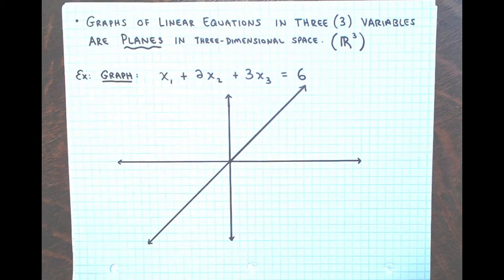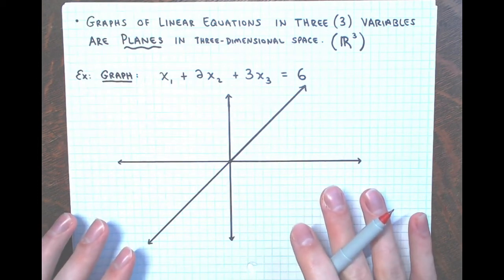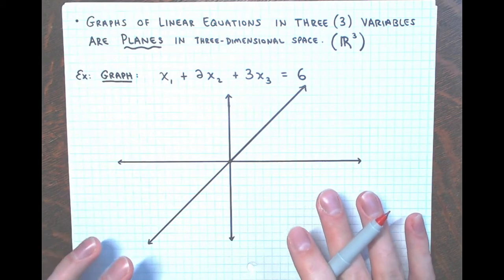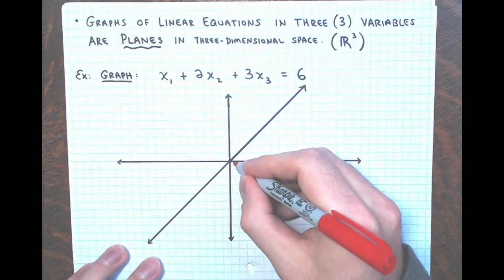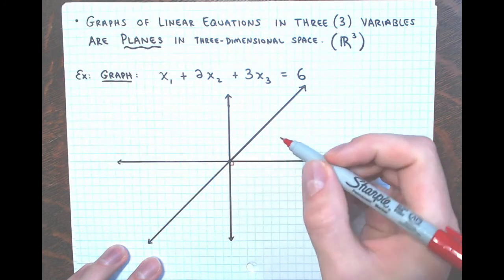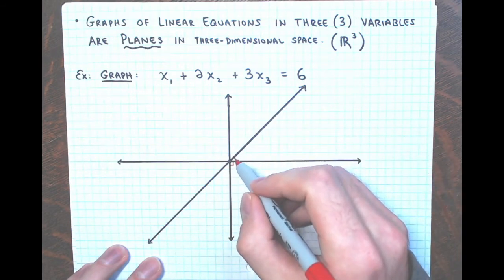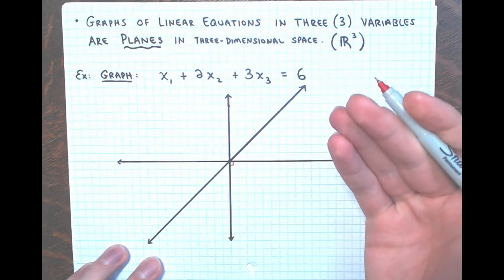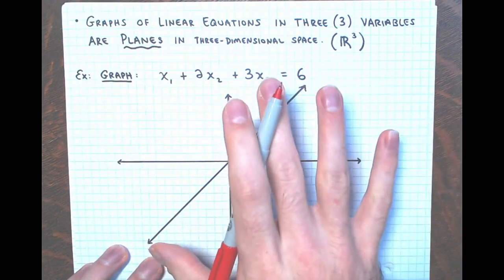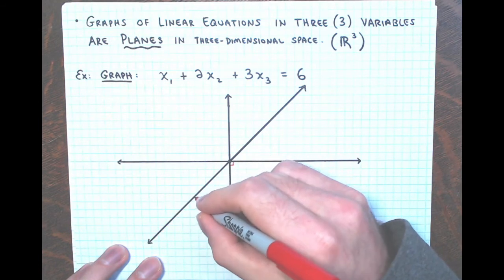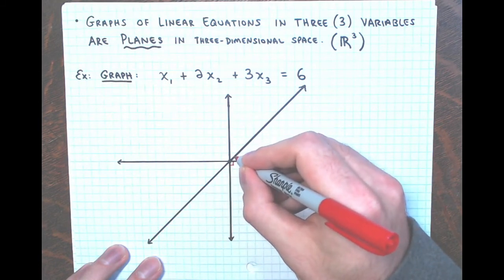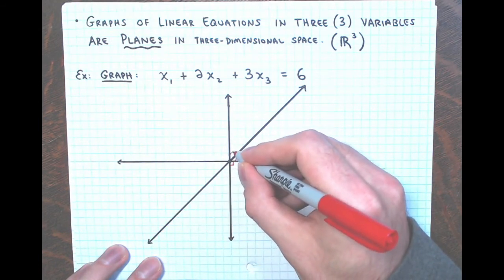Now I know, again, it's on a sheet of paper, so it doesn't look like these are meeting at 90-degree angles. I mean, these two are. You can see the 90-degree angle there. But we have to imagine, because it's the penalty when you lose a dimension. We have to imagine that this third line I drew also meets these axes at 90-degree angles.